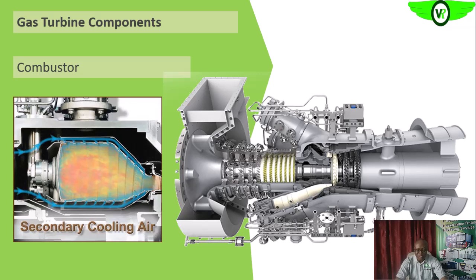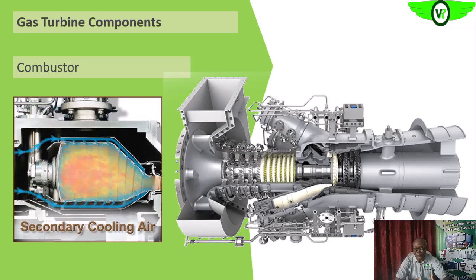Its function is to mix that compressed air with the right amount of fuel and ignite that mixture. Okay, so after being ignited, you see that a combustion product will be produced.